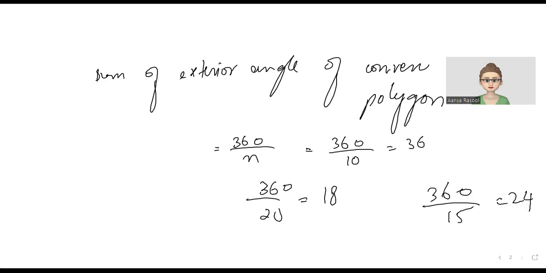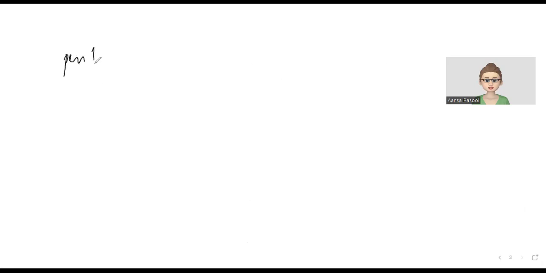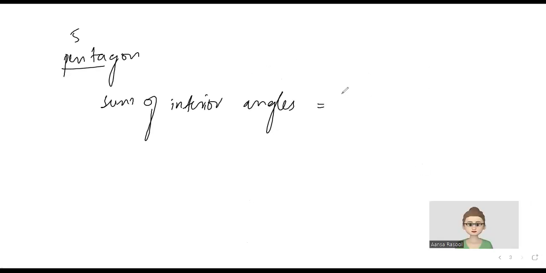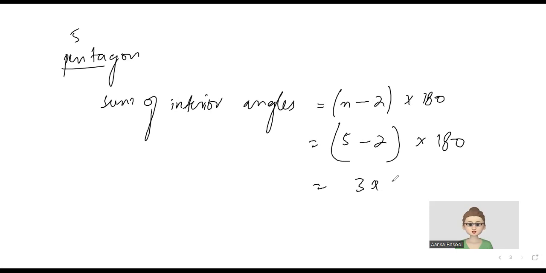So suppose there is a pentagon. They ask you to find the size of one interior angle. Penta means 5. So the sum of interior angles equals (n minus 2) into 180. 5 sides are there, so 5 minus 2 into 180, 3 into 180.